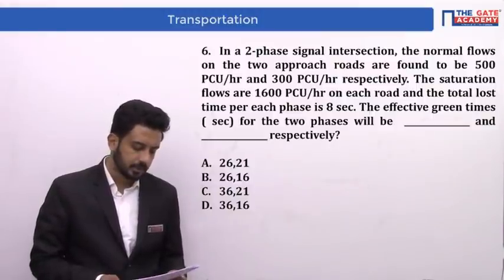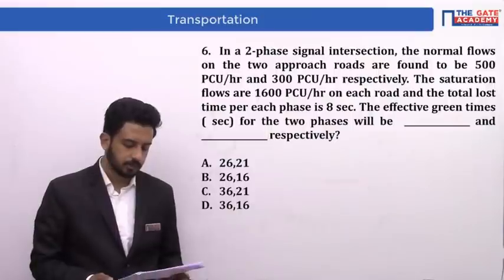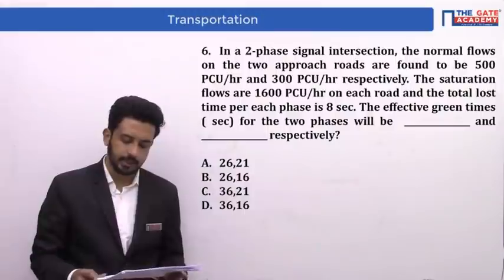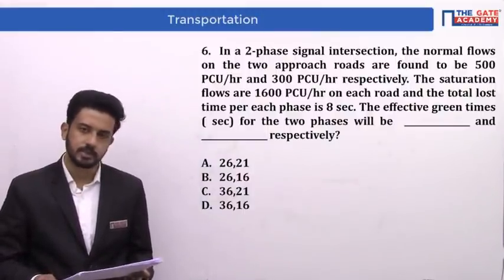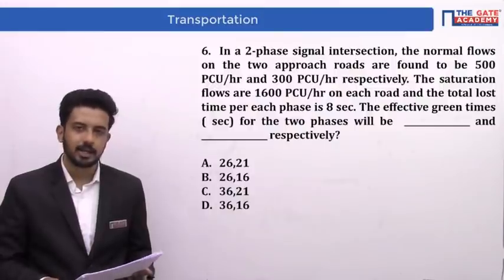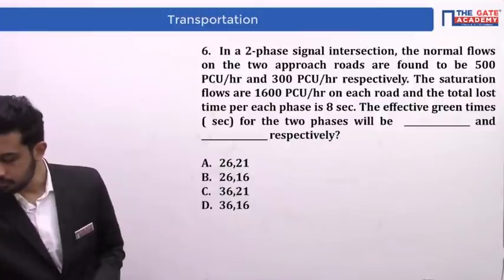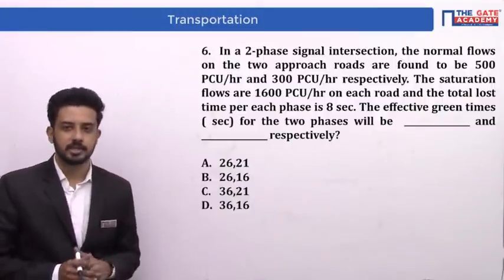They have also mentioned the saturation flow is the same on both phases, equal to 1600, and the lost time per phase is equal on both phases, 8 seconds. Finally they have asked the value of effective green time on both phases.